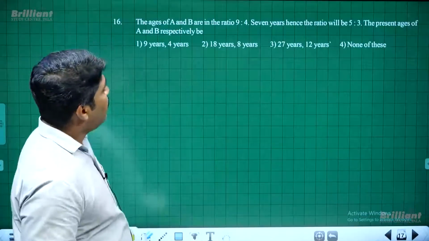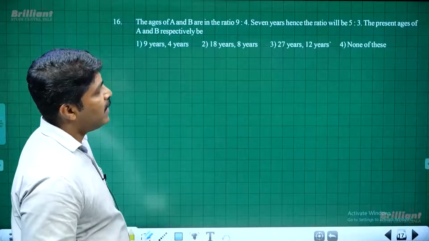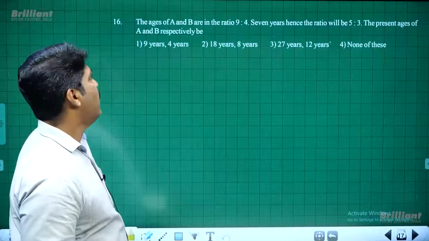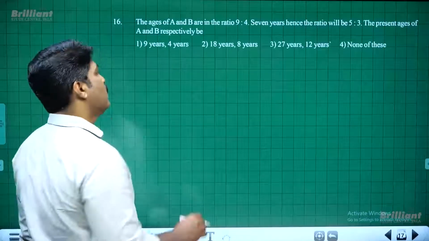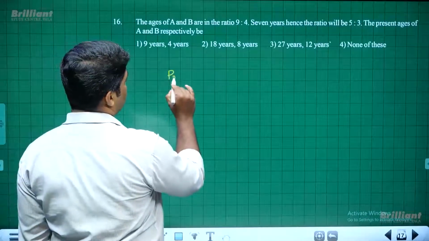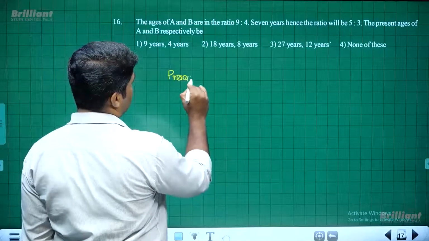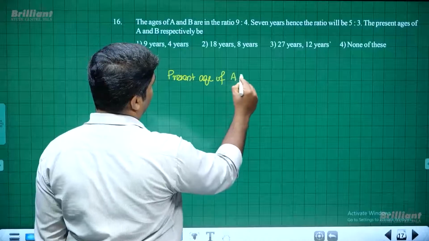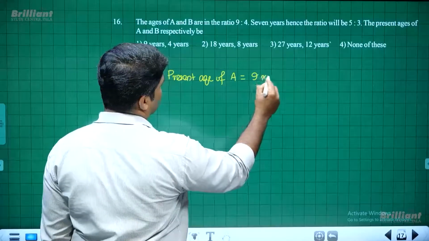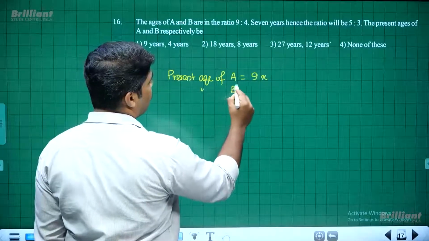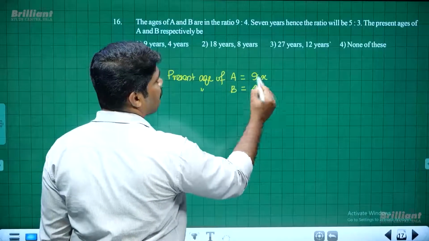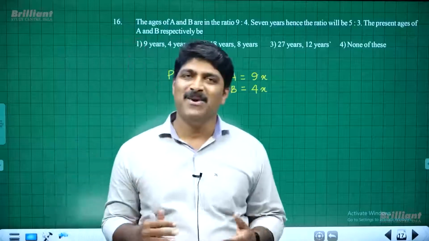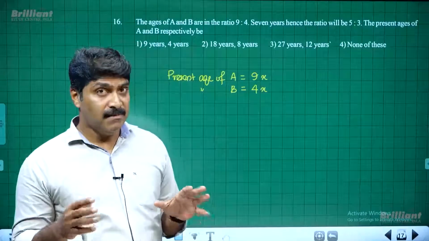The ages of A and B are in the ratio 9:4. After 7 years, the ratio will be 5:3. Find the present ages of A and B respectively. So here, we consider the present age of A as 9x and the present age of B as 4x, which means the age of A at present is a multiple of 9 and that of B is a multiple of 4.